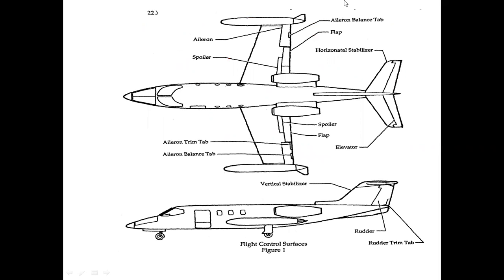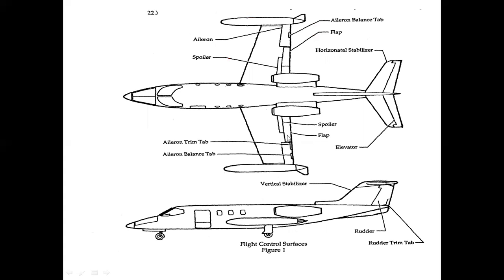This is another diagram of the primary, secondary, and auxiliary flying control surfaces of a general aviation aircraft. So again, this is the aileron. This is the aileron balance tab. This is a flap. This is a spoiler. The horizontal stabilizer.